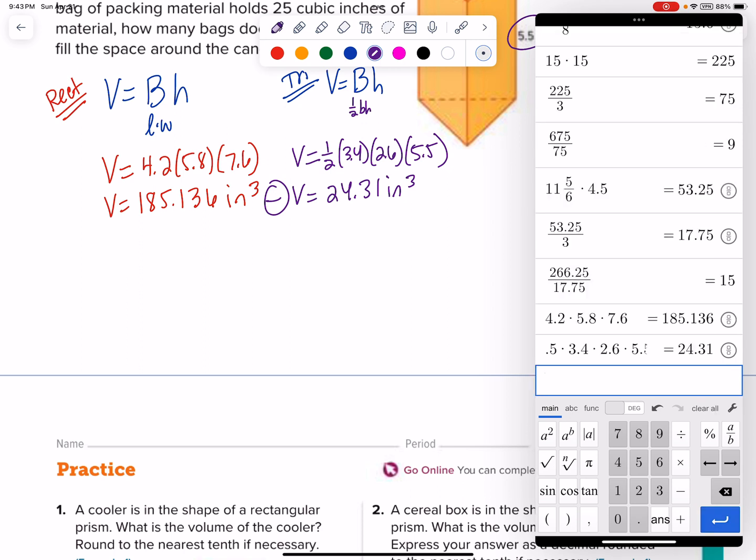Okay, so we have 185.136 minus the candle, which is 24.31. Okay, and we have an empty space volume of 160.826 inches cubed.